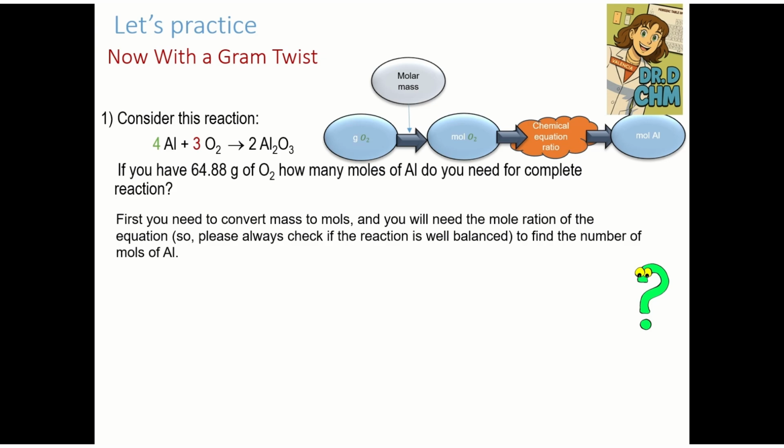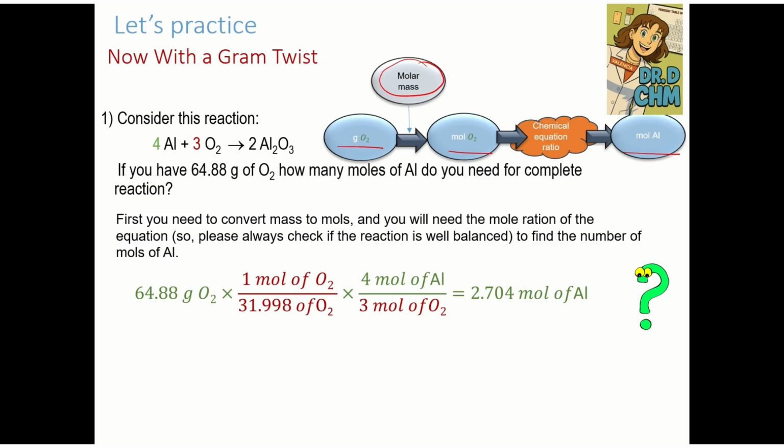First, you need to convert mass to moles, and you will need the mole ratio of the equation. So please always check if the reaction is well balanced, and then you find the number of moles. So you have grams, use the molar mass to find the moles of oxygen. Through the chemical equation ratio, you're going to find the moles of aluminum.